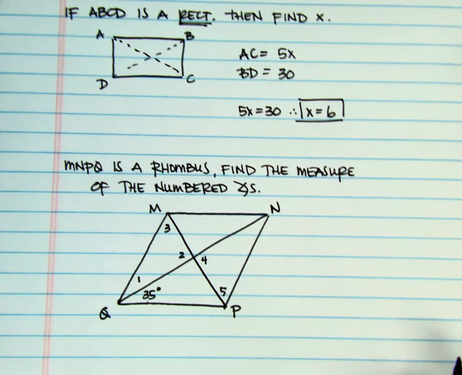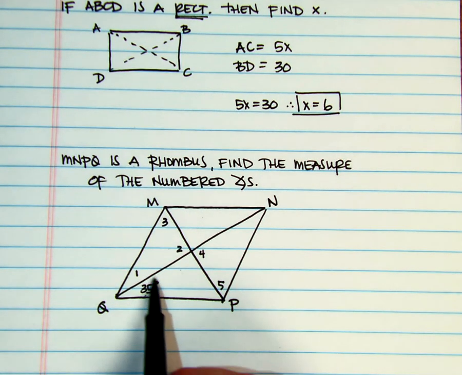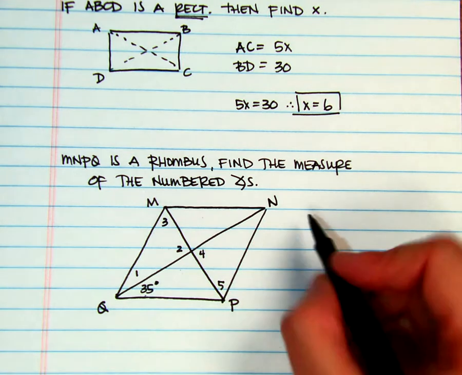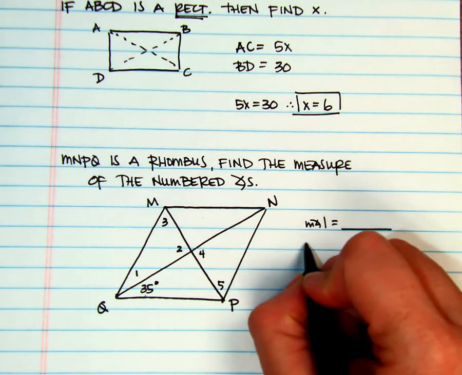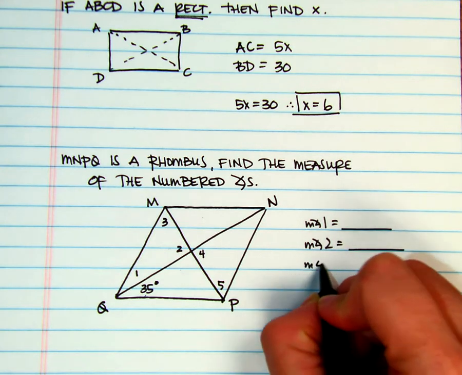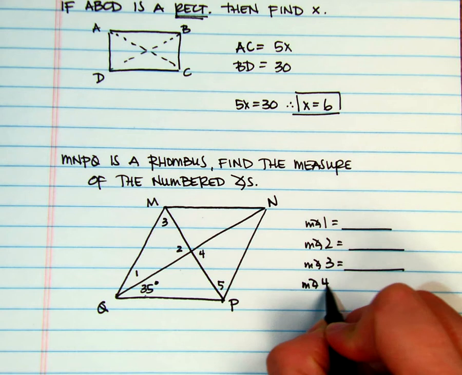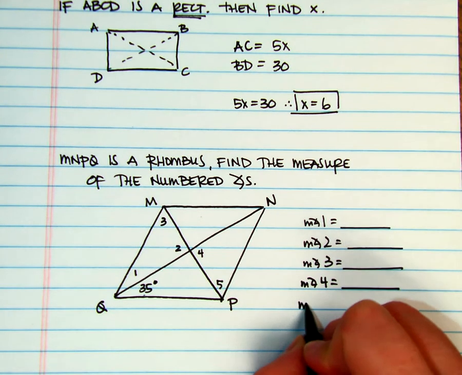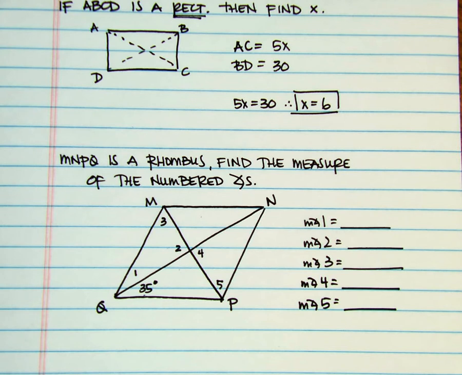Okay, so I'm going to find the measures of those 5 angles if I'm only given the fact that this is 35 degrees. So the measure of angle 1, measure of angle 2, 3, 4, and 5.